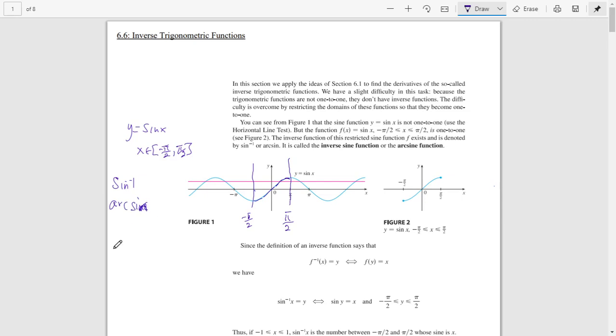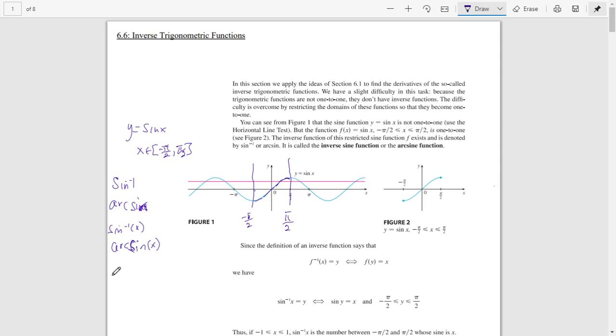And if we pass a function into that, we say sine inverse of x, with a raised to the power negative 1 there, or arcsine of x.